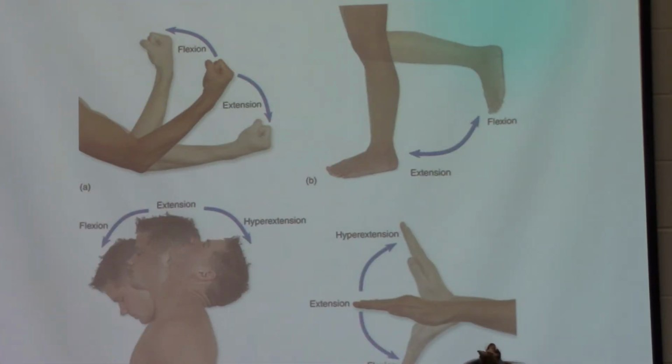Again, the same examples. Other examples of flexion. When you do the extension more than it normally can, then that is called hyperextension. For example, if you move your hand like that, this is extension, this is flexion, this is extension back to its normal, and when you extend it more than what it should, then that's called hyperextension.